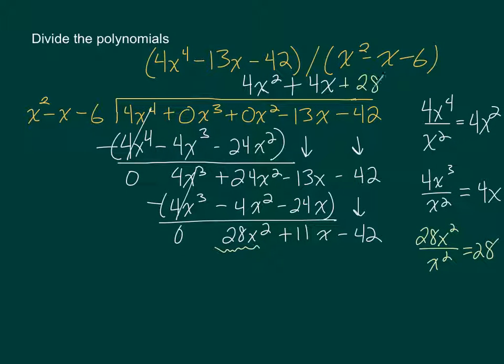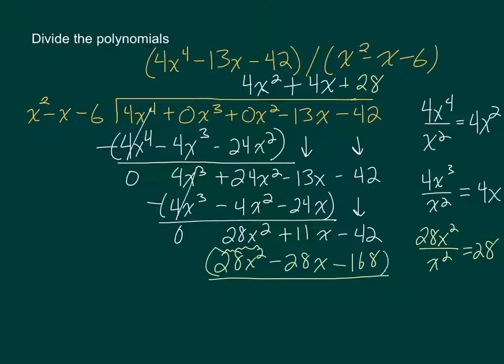And then again, we distribute that all the way through the divisor. 28x squared minus 28x. 28 times negative 6 is negative 168.